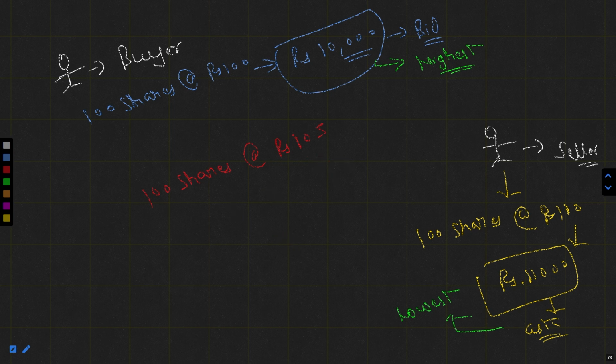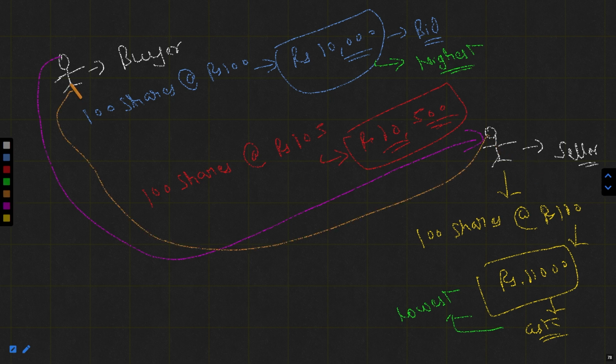So how much will the price be? 10,500. That will be the price. Got it? So now the buyer will pay 10,500 to the seller. In return, the seller will give the ownership of 100 shares to the buyer. This is the transaction involved.